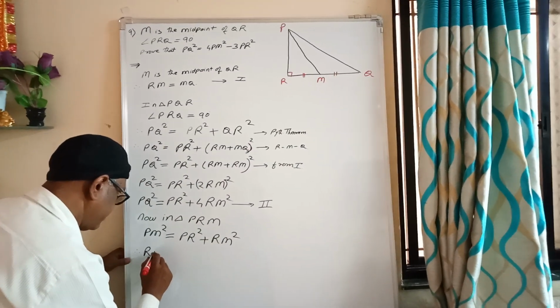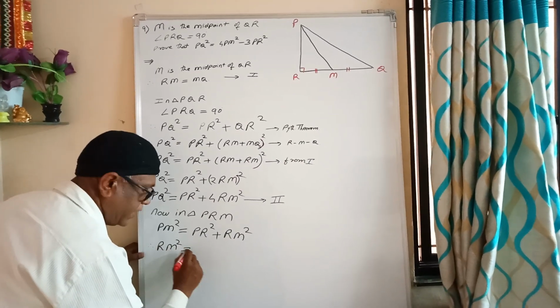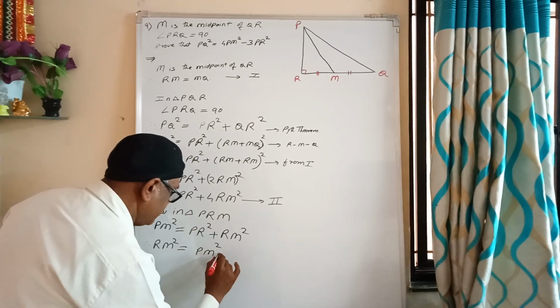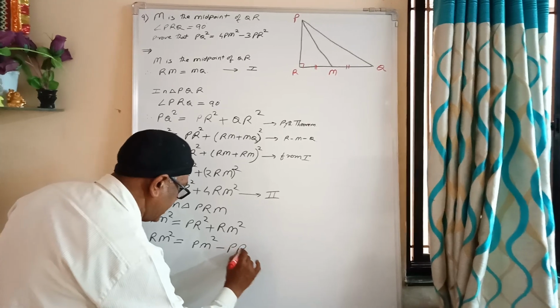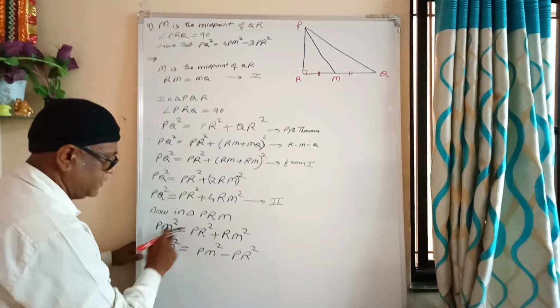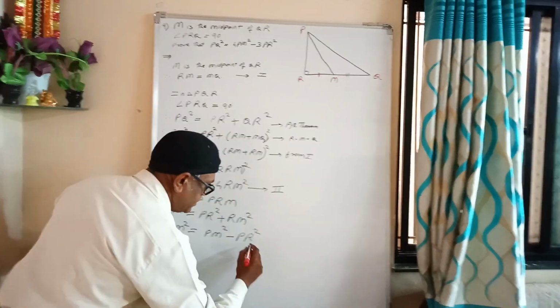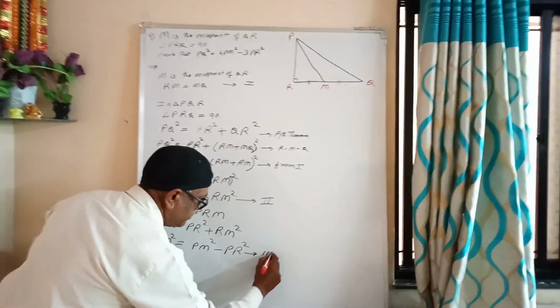Therefore, RM square is equal to PM square minus PR square. This PR square is transferred to the other side. This is equation number 3.